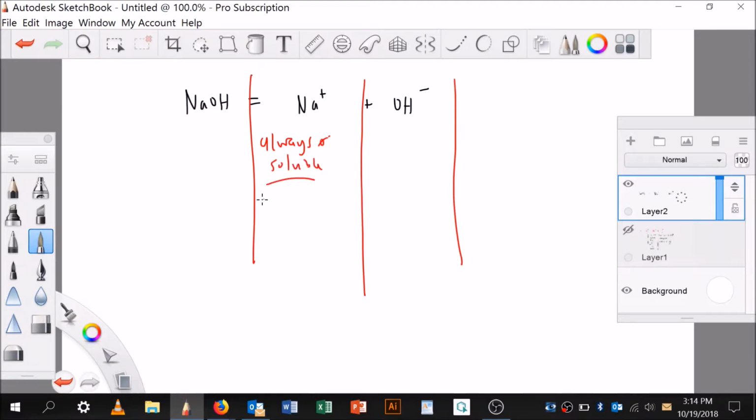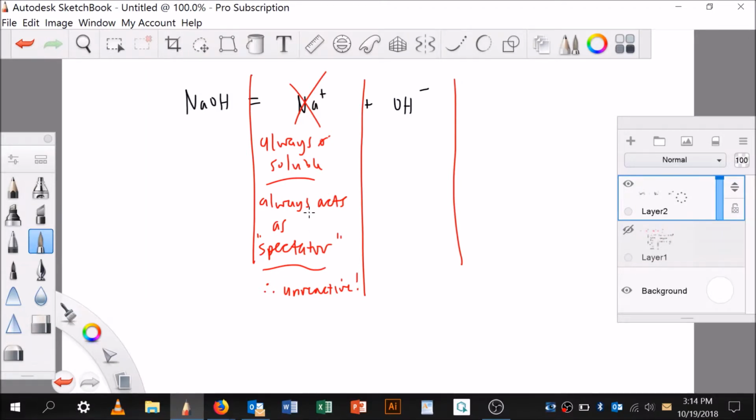It always acts as a spectator ion, and therefore it's unreactive. So this is essentially not going to take part in it. Sodium never does. It's always soluble. It always acts as a spectator ion.